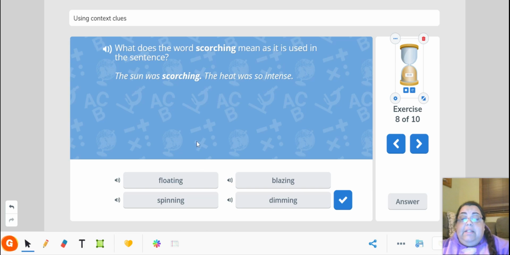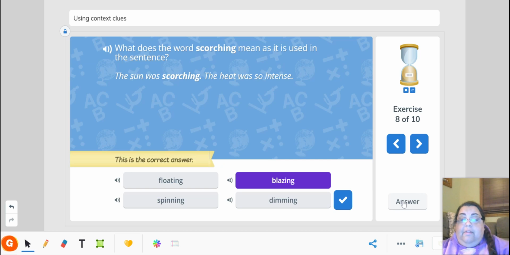Does floating have to do with heat? Kind of, but I don't think that in this context it applies. Spinning, dimming, no. Now, blazing, blaze seems to go along with the sun. I'm going to use prior knowledge, and I think that blazing probably applies to scorching. Let's see. That is the correct answer. Don't worry if you didn't get it correct. Go on back and try again.